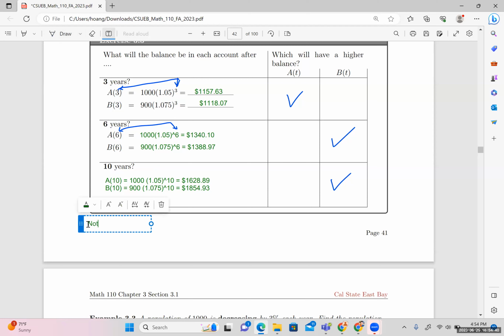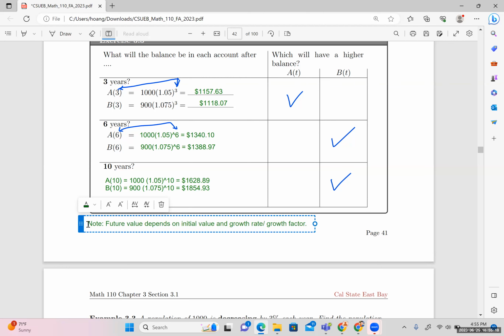Note: future values depend on initial values and growth rate or growth factor, right?